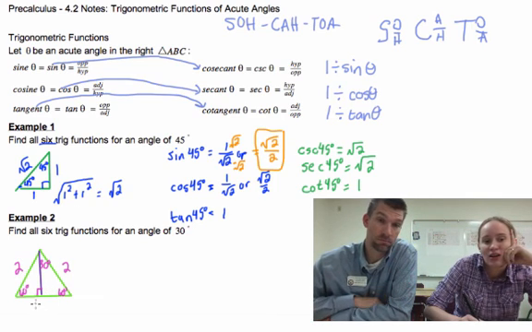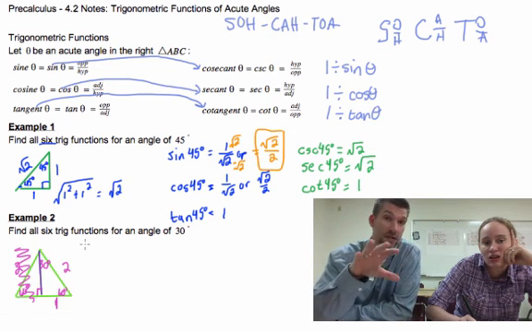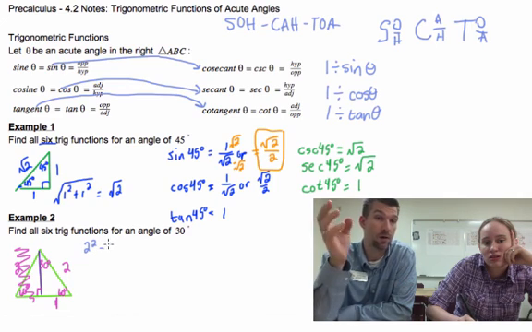If we're just looking at this half of our equilateral triangle, we divide it in half, so this side right here has got to be a 1. That's why we picked 2, so that we wouldn't start off with a fraction. Then we have to use the Pythagorean theorem again to figure out the third side, but in reverse, so we have the hypotenuse and we are missing a leg.